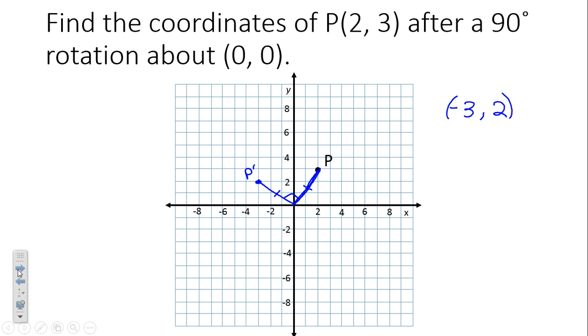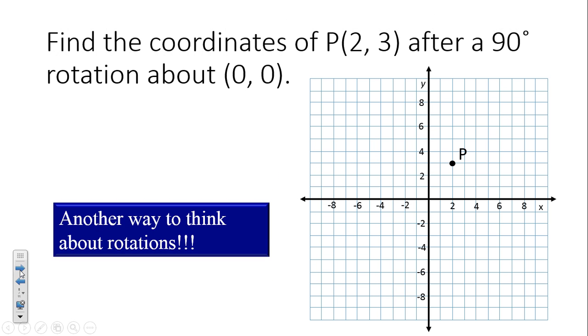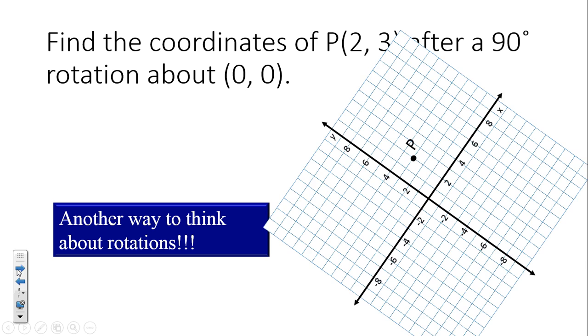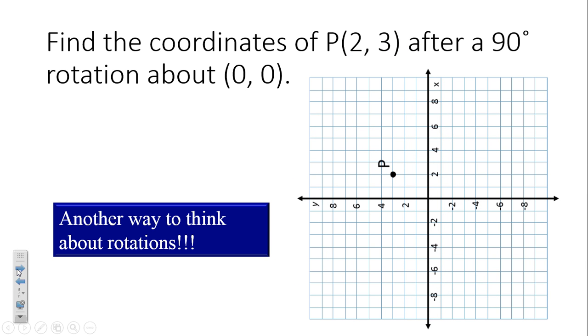Would you like to see another way of doing this? Here's our coordinate again, 2, 3. We know it's going to go to negative 3, 2. Watch what happens when we rotate. Everybody watching? Turn your paper sideways.